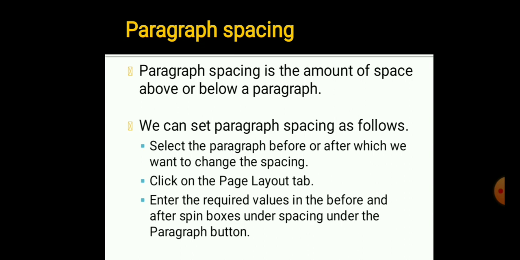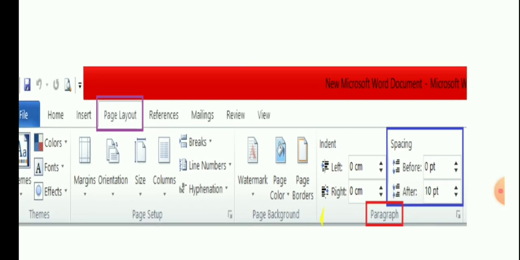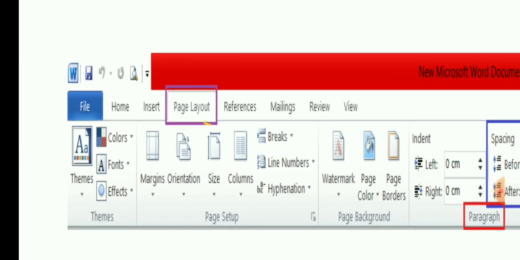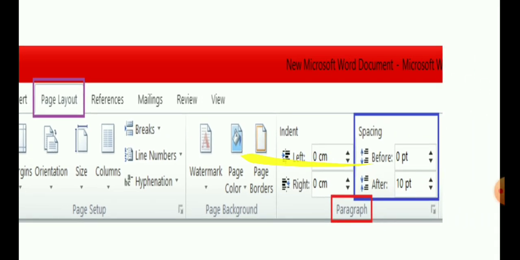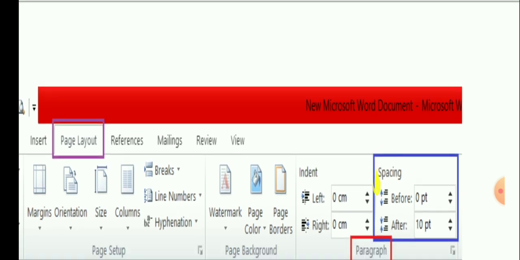Then click on the page layout tab. Enter the required values in the before and after spin boxes under spacing under the paragraph group. See this picture, children. Click on the page layout tab. Then go for the paragraph group. Then you can select the spacing option here.